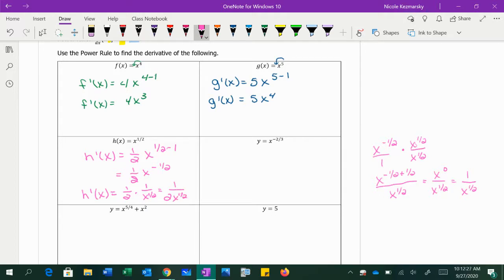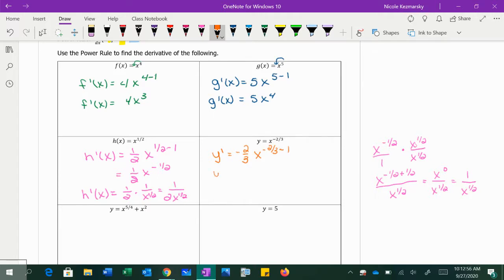Okay, and we'll keep practicing that because I know that's not something that gets covered in detail before you guys get to calculus. So next one, we've got a negative exponent. So I'm going to say y prime. I could say dy dx if I wanted to, but I'll say y prime. This is going to be negative 2/3. So bring that negative 2/3 down. X to the negative 2/3 minus 1.